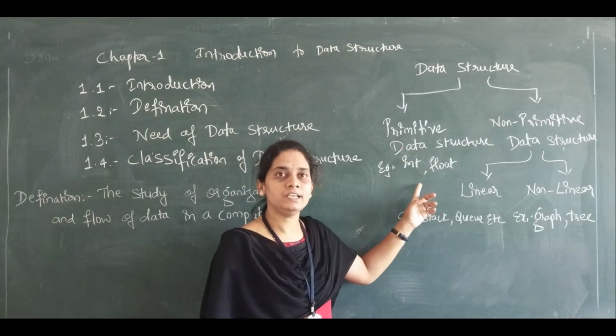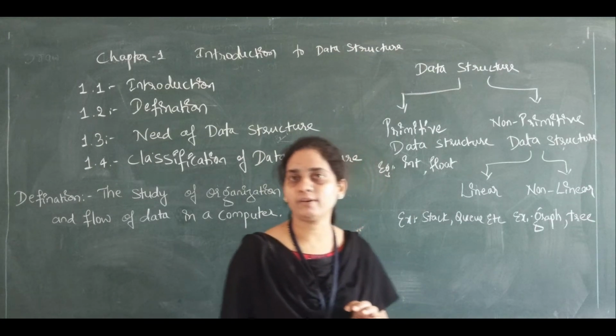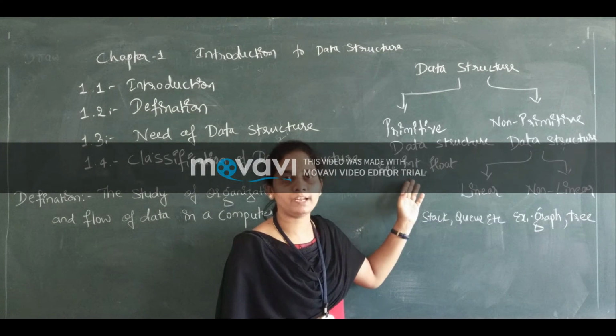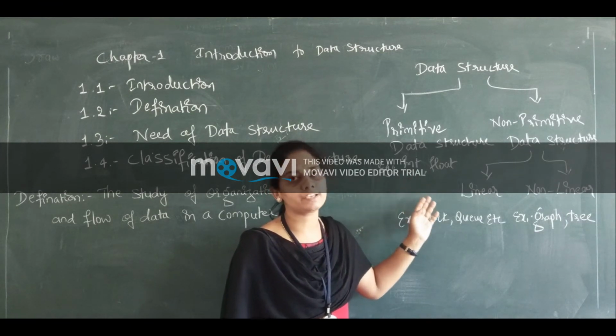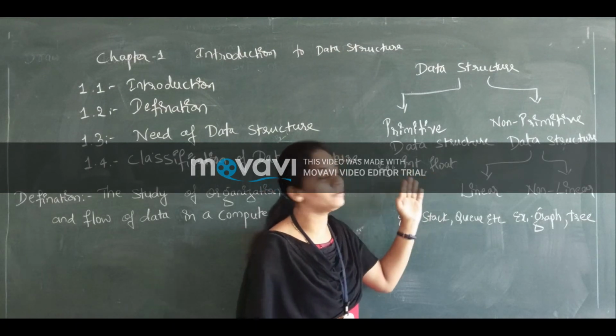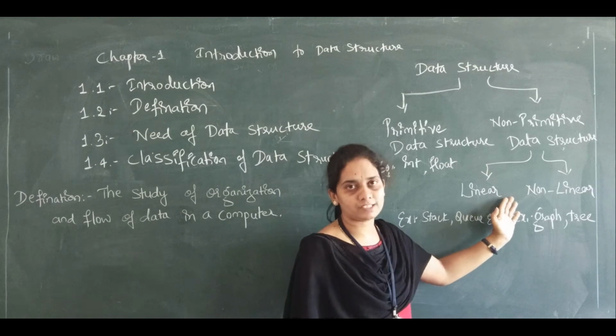In a C program, you are familiar with int, float, char, which you have used till now. When you declare a variable with int, it says that a is a variable of the type integer. By using these primitive data structures, we are going to create non-primitive data structures.